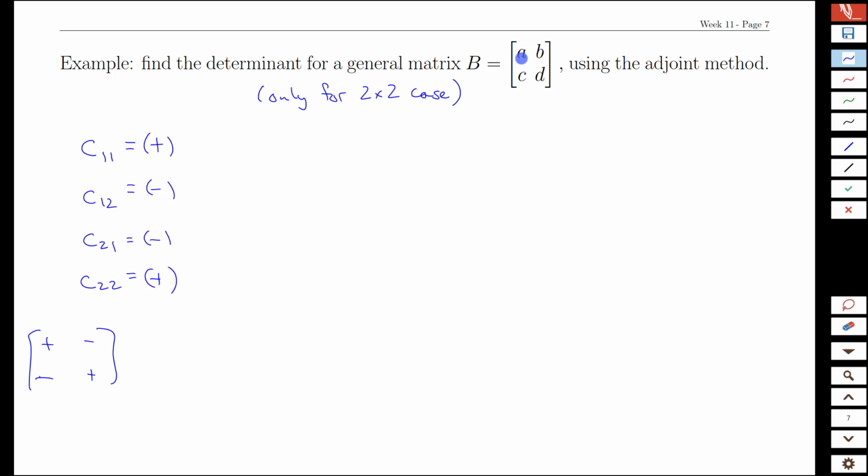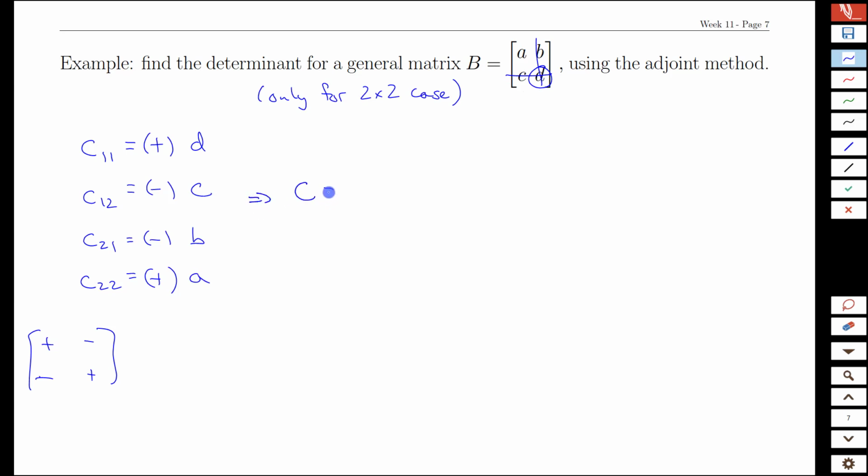And then we look up our submatrix. C11, we scratch things out, we get D. C12 is this one, we scratch out rows and columns and we get C. C21 is this one, we scratch out rows and columns, and C2, 2. Scratch out rows and columns gives us A.